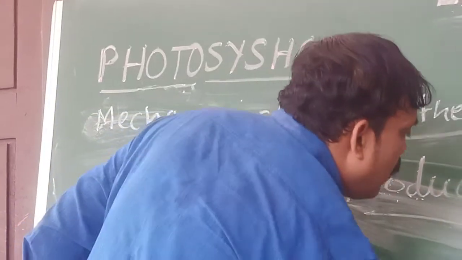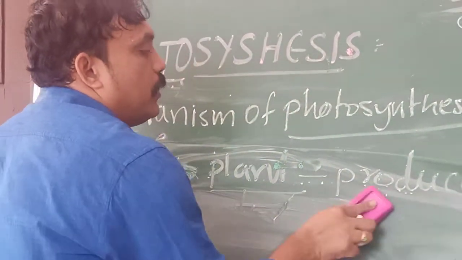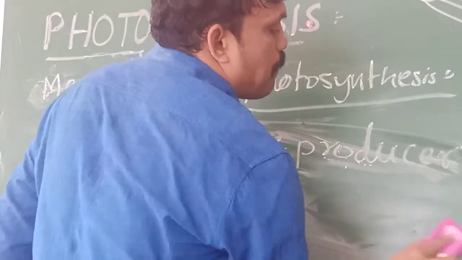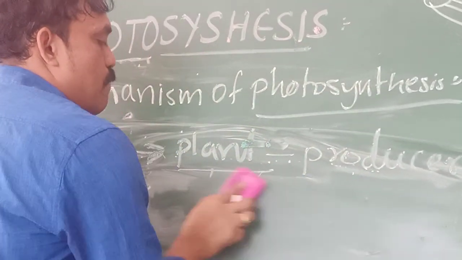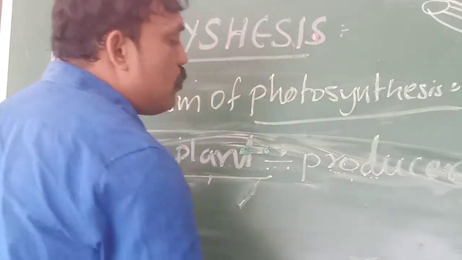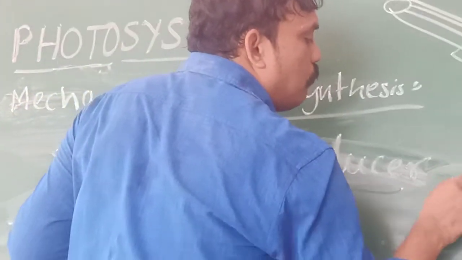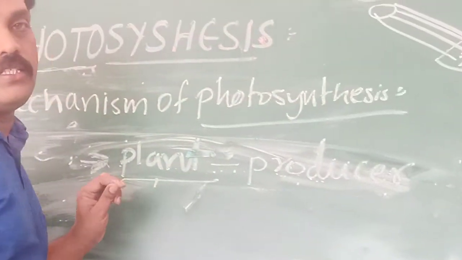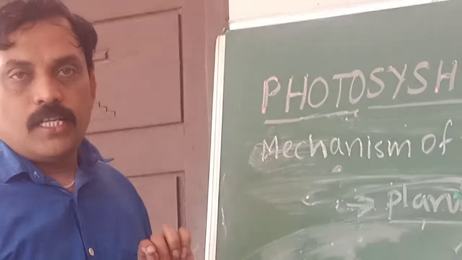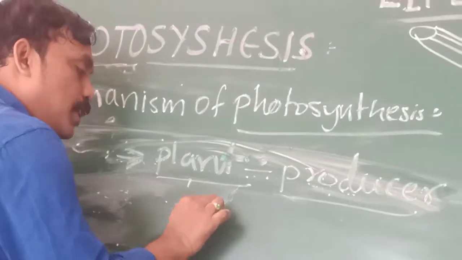How can you say plants are very important? The plants produce food for all types of organisms. And also, it provides us oxygen.